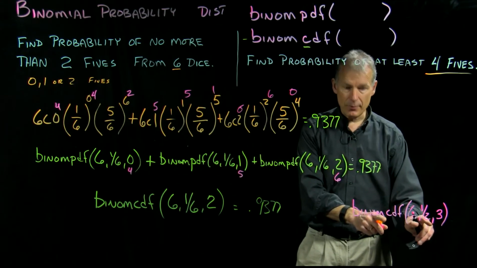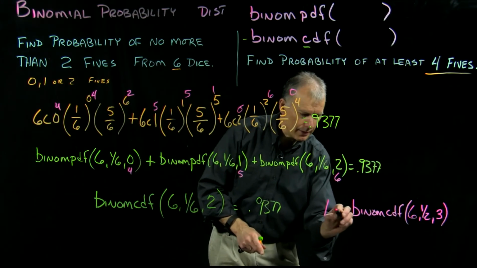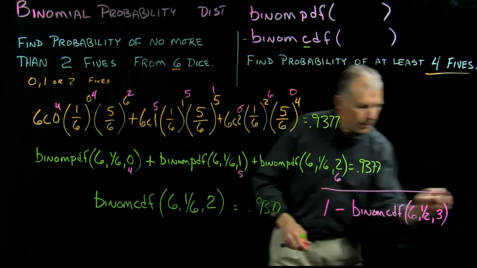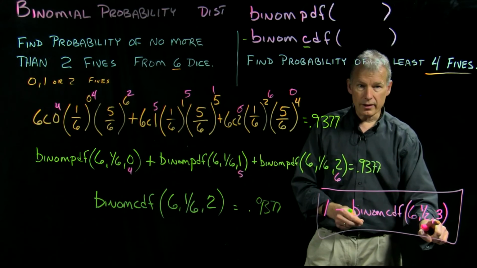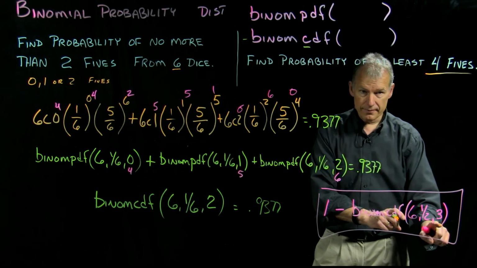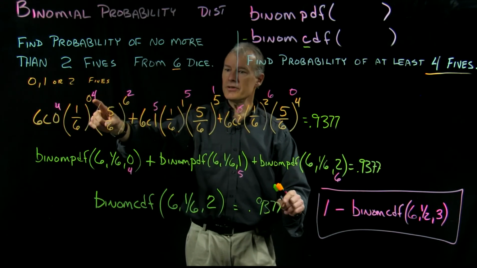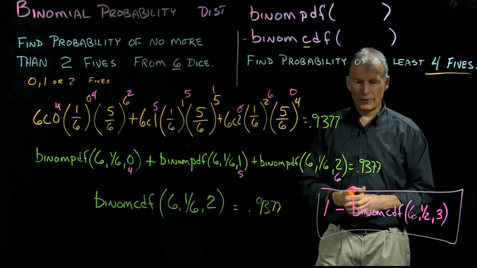This is the opposite probability, so what I need to do now is the complement, 1 minus that. I really want to point out, see, we didn't put in a 4 here. We went from 0 to 3, and then by doing 1 minus that, it's going to give us 4 through 6. All right, I hope that helps you out.